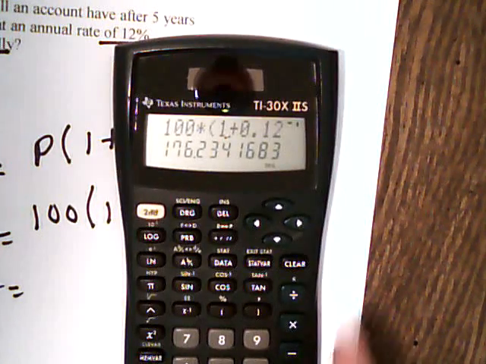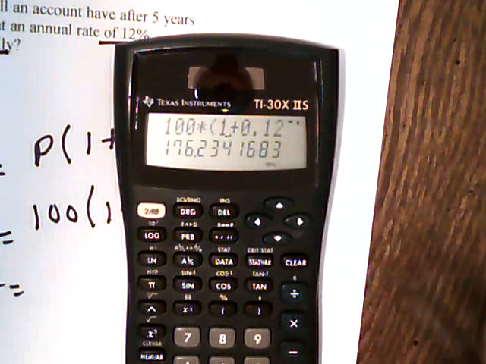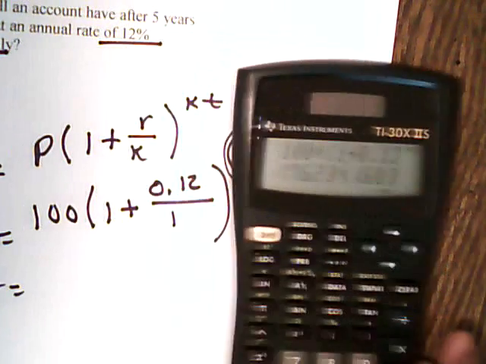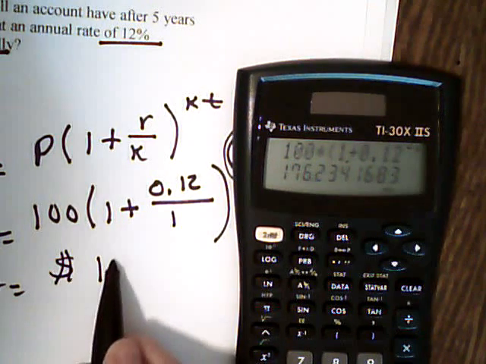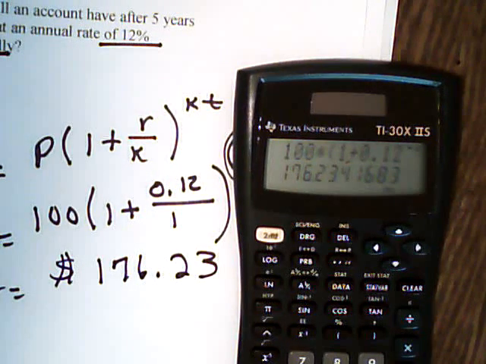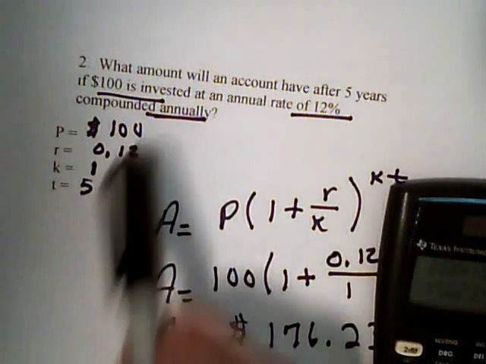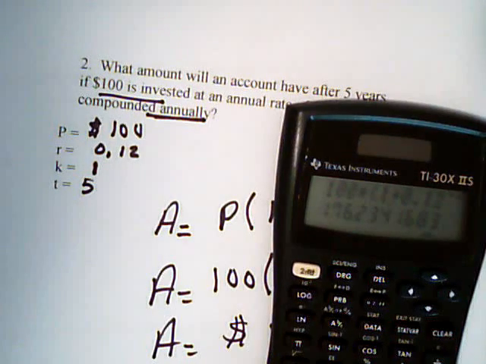Now here, notice you don't have a lot of money, but you only put $100 in. And remember, we want dollars and cents, so it'll be 23 cents. The 4 won't change. So, writing that in dollars, that's $176.23. Now, the key to these problems would be to know your formula, write your information down, and learn to use your calculator. Again, this is homework section 24, section 4.2.